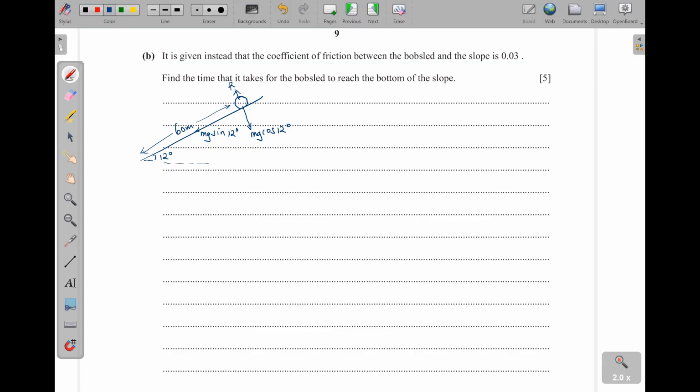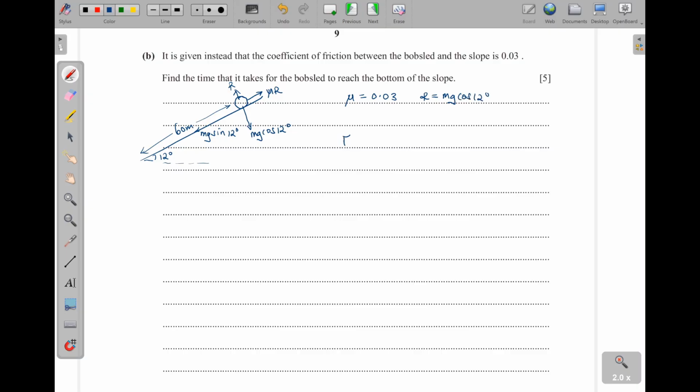Then after that, there is now this mu R here. Mu is given, the coefficient of friction is given as 0.03. Now, since there is no vertical motion, that means R, the normal reaction, is equal to mg cos of 12.